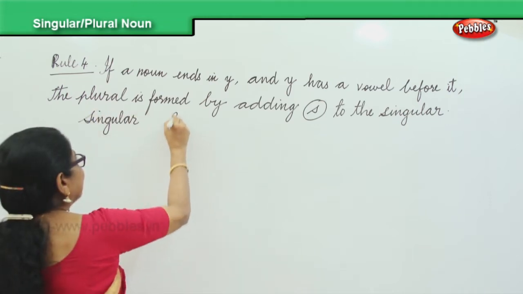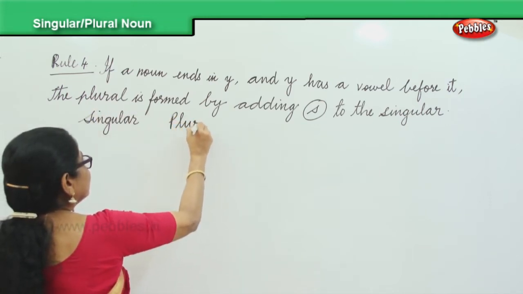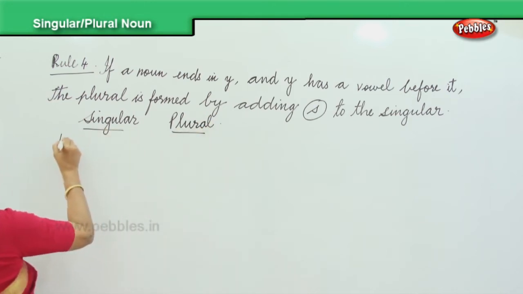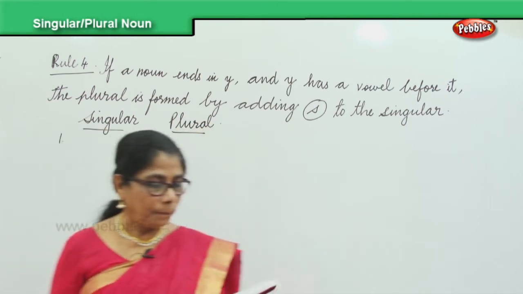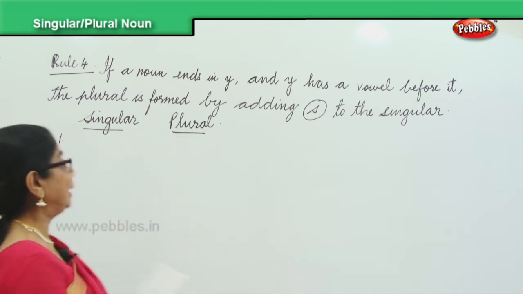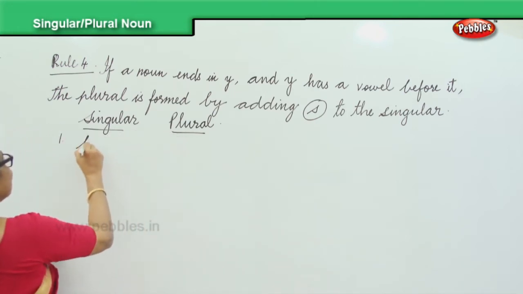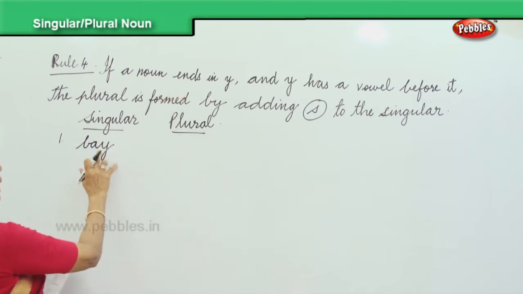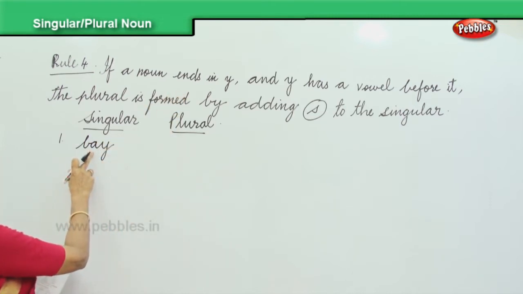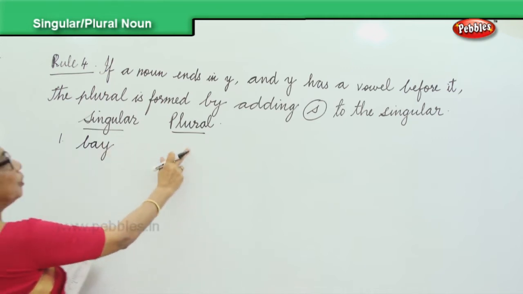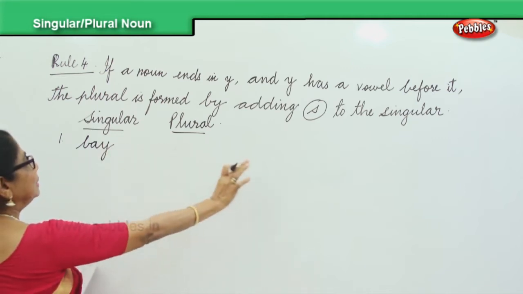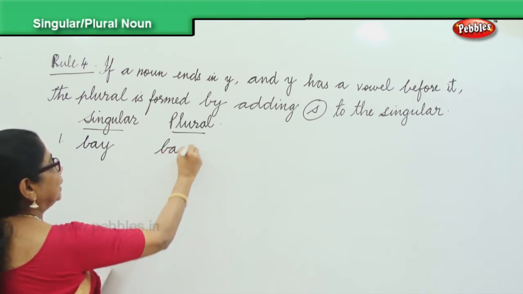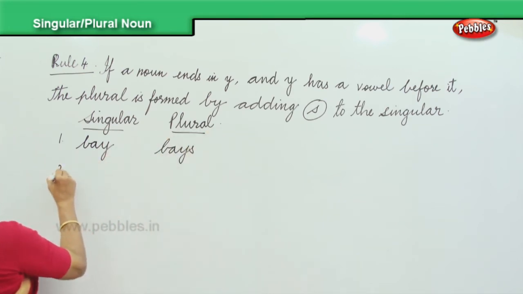Singular, bay. I'll write down the singular first. Bay. All I want to show you is it ends in Y and has a vowel before it. So you'll form the plural by adding simply S. B-A-Y-S, bays. That's it. Very, very simple.